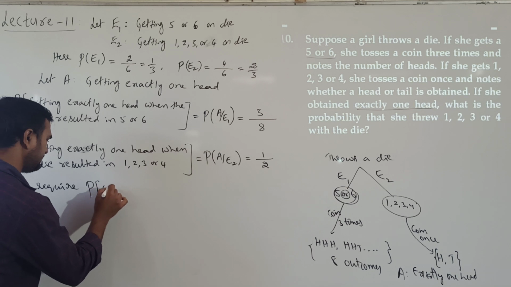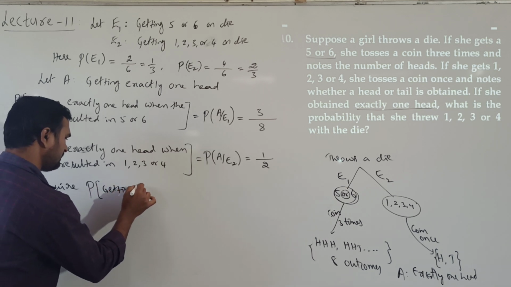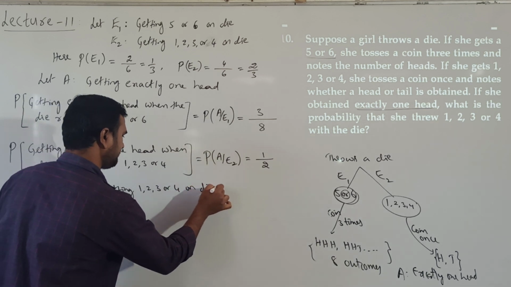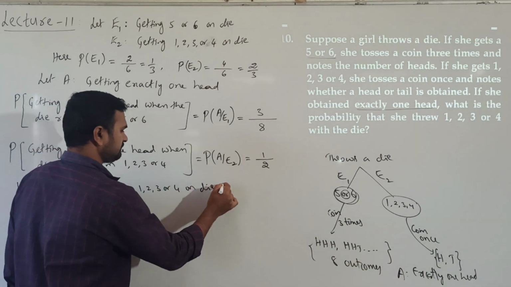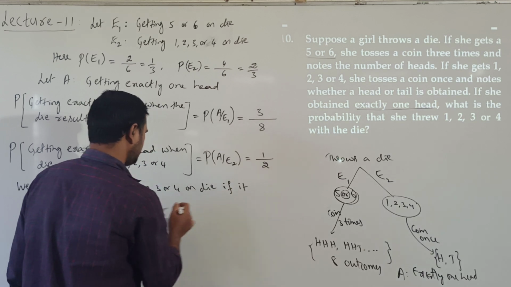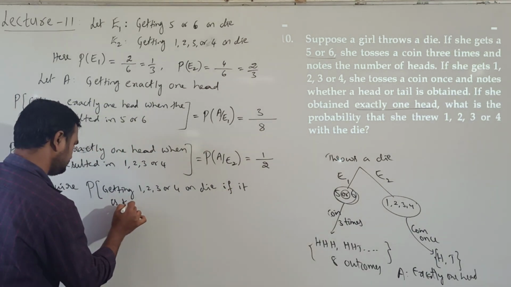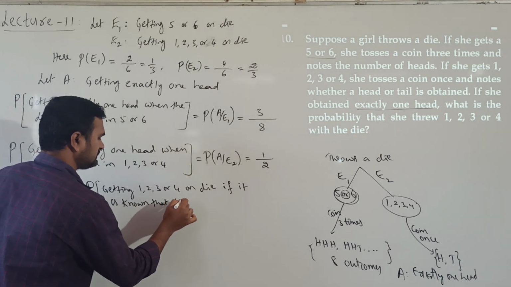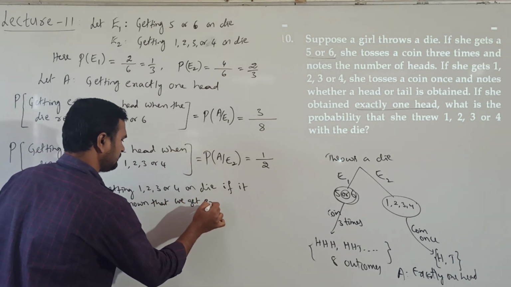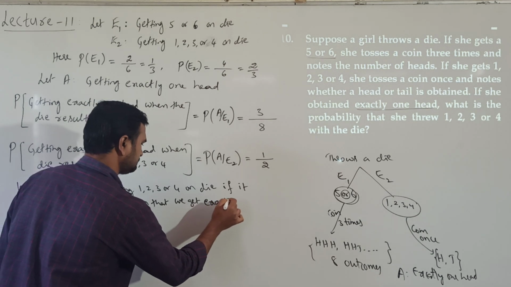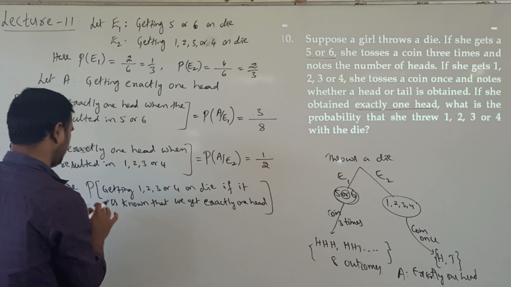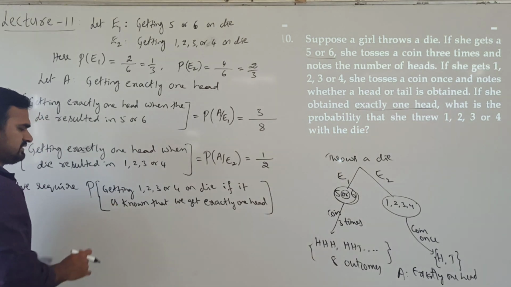So, the probability of getting 1, 2, 3 or 4 on the die if it is known that we get exactly one head. This is the probability we require.